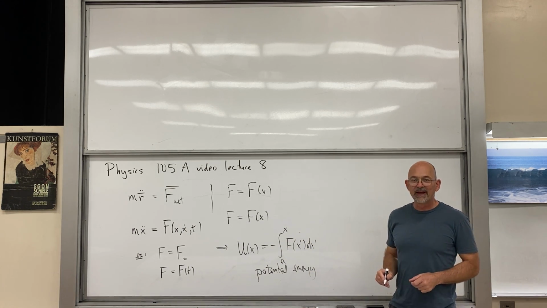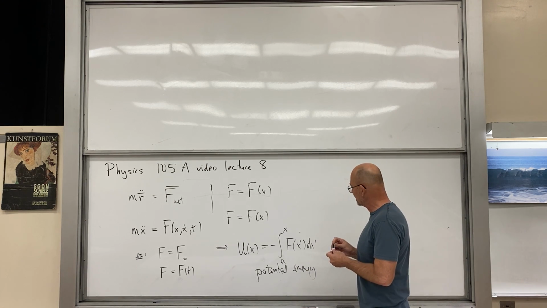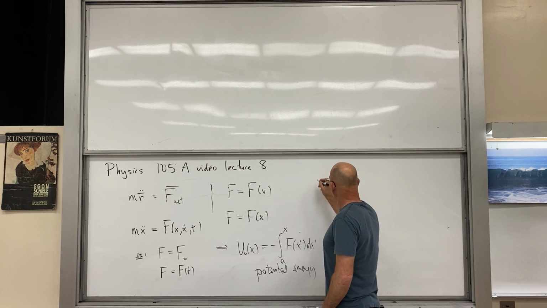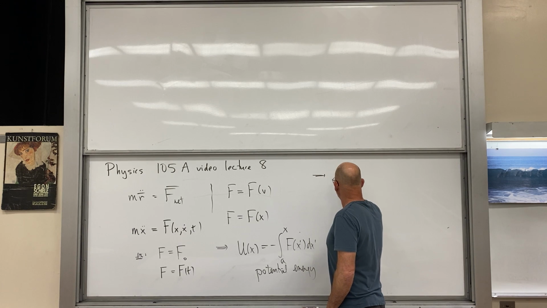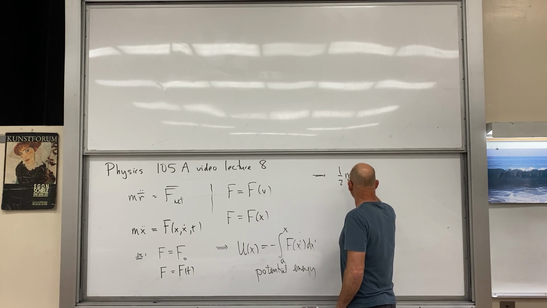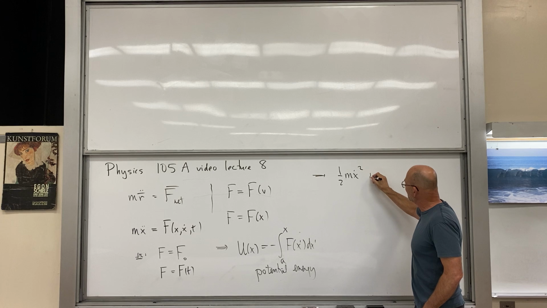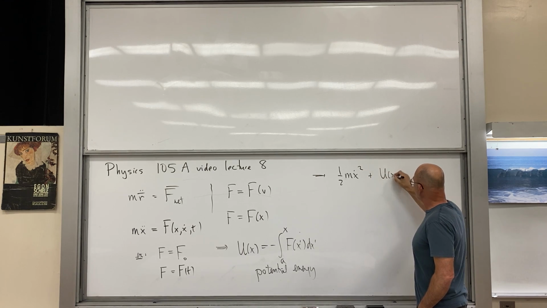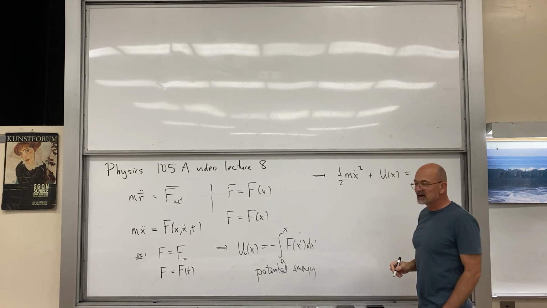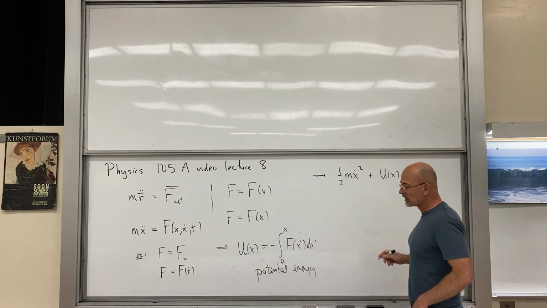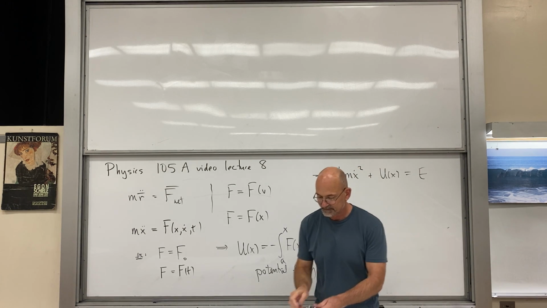We discover that we have conservation of energy. So from here, we discovered that 1/2 mass velocity squared, so kinetic energy plus potential energy is constant in time, and so that's the law of conservation of energy.